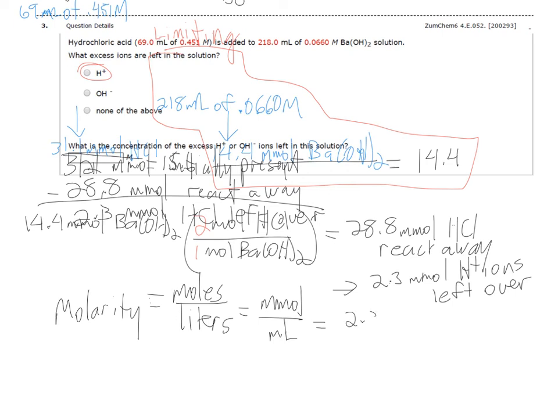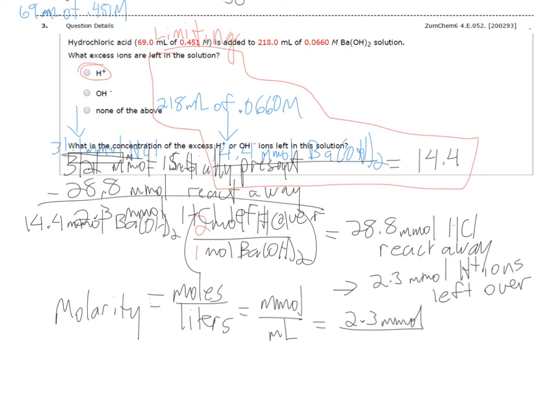So let's plug in. We've got 2.3 millimoles of hydrogen ions left over. We'll divide that by the volume at this point, which might be a little bit tricky. In order to produce this reaction solution, we added 69 milliliters of hydrochloric acid to 218 milliliters of barium hydroxide.